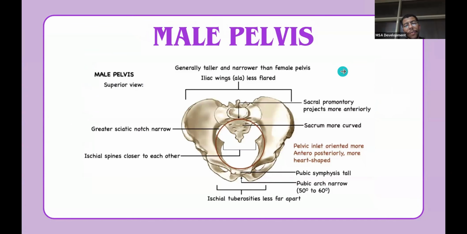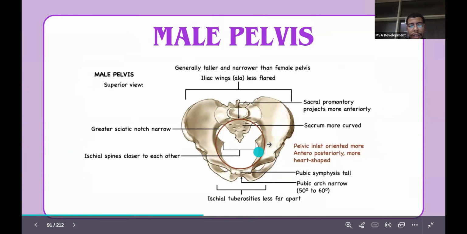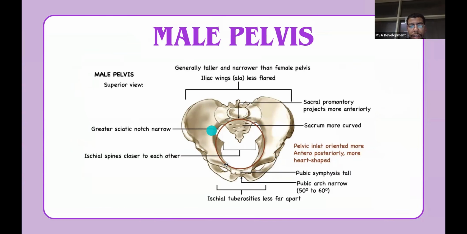Now the differences between a male pelvis and a female pelvis. I'm going to go over the male first, and then we're going to go through the female. As you can see, in the male pelvis, the first thing is the pelvic inlet, or the pelvic brim, is anteroposteriorly oriented, which basically means it's stretched from front to back.